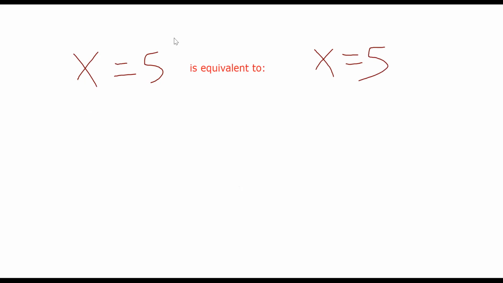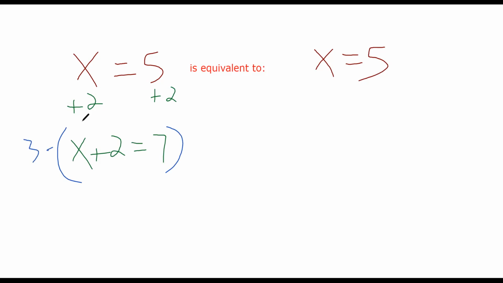But let's say I was bored one day and I decided to add 2 to both sides over here. So now I got x plus 2 equals 7. And hey, let's go wild. Let's say I also decide I want to multiply both sides of the equation by 3. So that 3 hits everything on both sides of the equation.